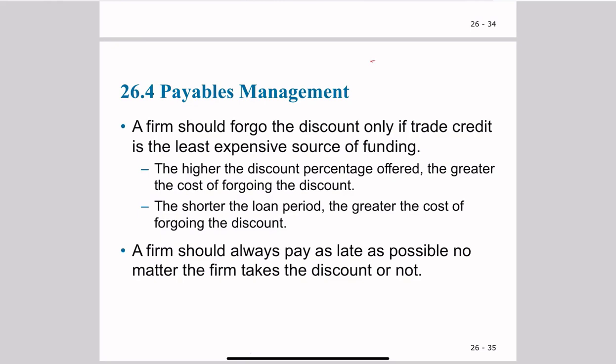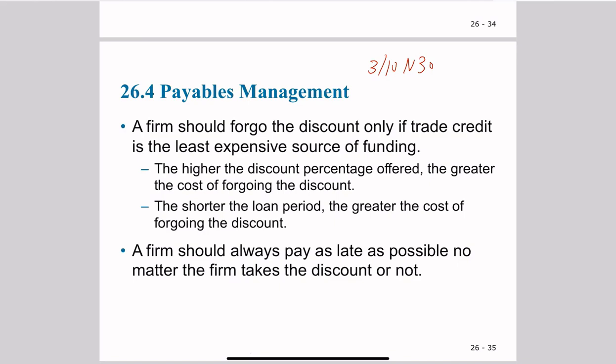Let's say it's 3, 10, net 30. So this basically means that if you pay your supplier within 10 days, then you will get a 3% discount. Or you could wait for 30 days and then you will pay back your supplier on day 30.